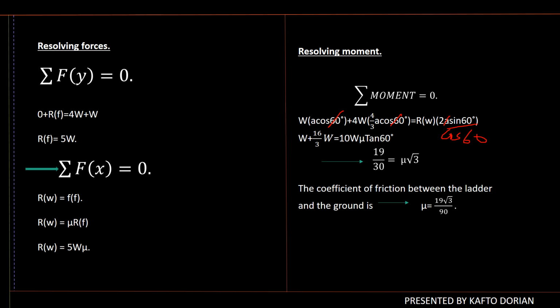Okay, RW is given by what? 5W, the coefficient of friction between the ladder and the ground, times 2 tan 60 degrees. So 2 times 5 you get what? 10W, the coefficient of friction times tan 60 degrees.